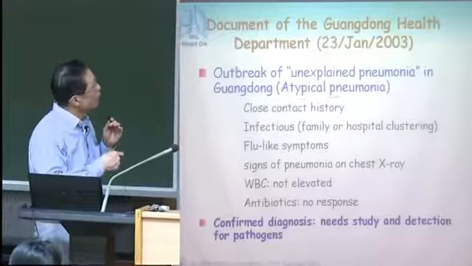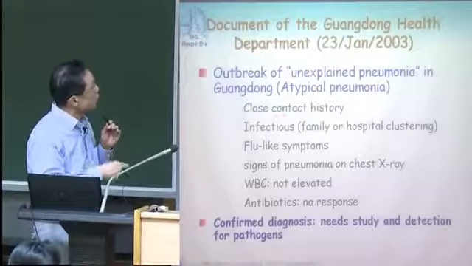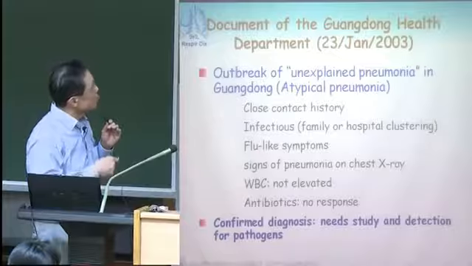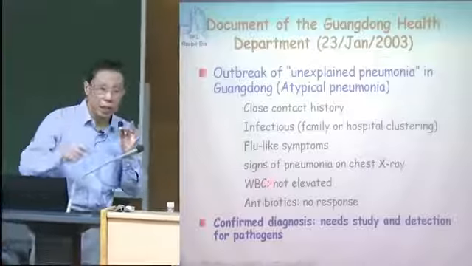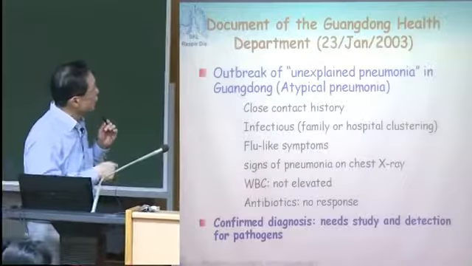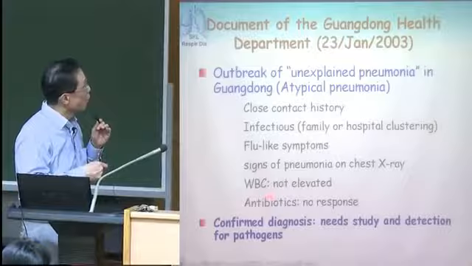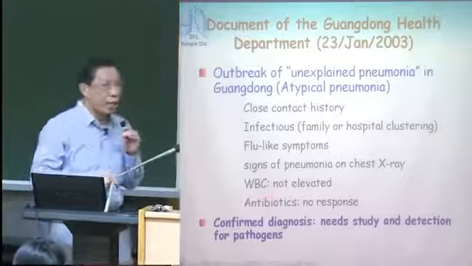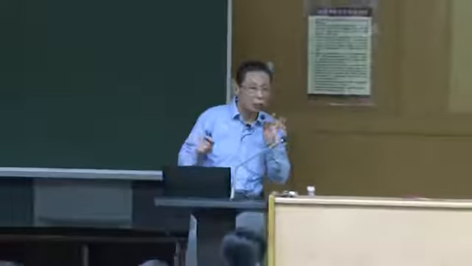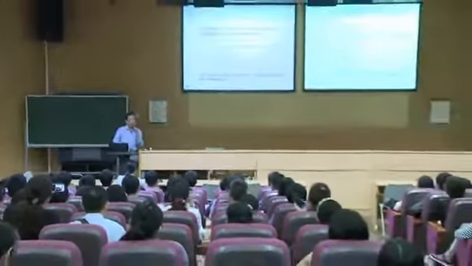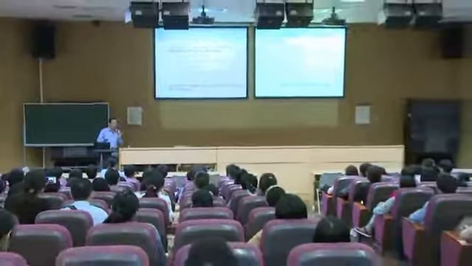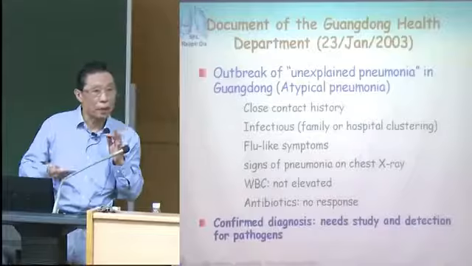The features were a close contact history, the character is infectious or contagious, flu-like symptoms or signs of pneumonia under X-ray, a normal white blood count, and no response to antibiotics. So people paid more attention to this kind of pneumonia. But we still did not know what was happening. So what's the pathogen? What's the cause?